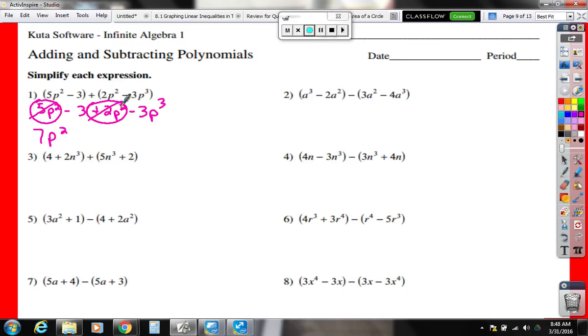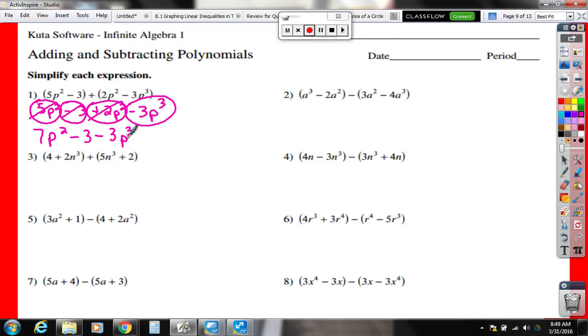Negative, just write negative 3p cubed? What about this one? We should do this first. Yeah, so we want to go in order. So the next one we have is negative 3. We don't have any other like terms, so we just write down minus 3. And then the last one, we also don't have any like terms, so it's minus 3p cubed.